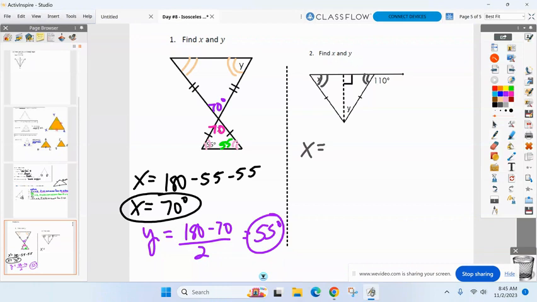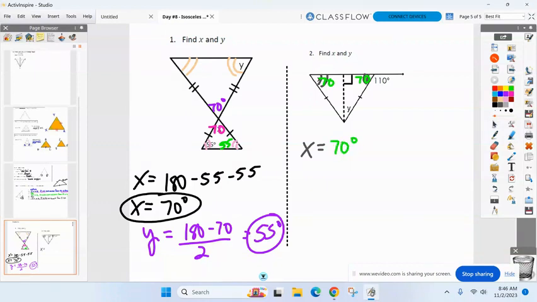Like the two opposite, these two right here. Oh, they make 180. So what's that congruent angle? 70. And we just said since it's isosceles, that angle's the same as angle X, right? So what's angle X now? Also 70. All right.